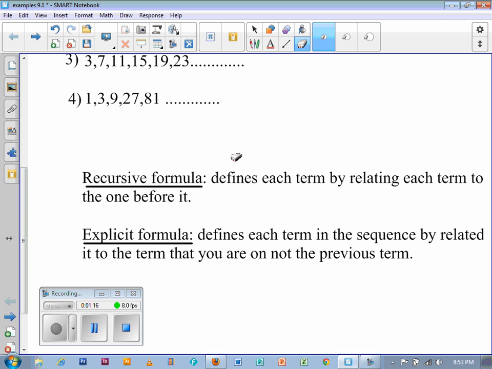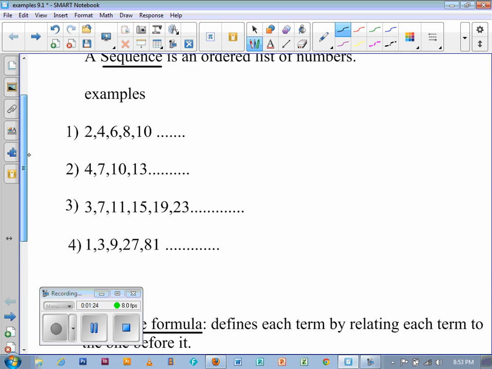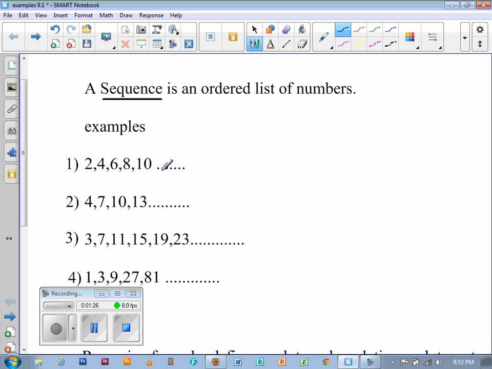Now, a recursive formula, as it says here, defines each term by relating each term to the one before it. That simply means that if I want to find out what the next term is in my sequence, like the next term in this first sequence, I have to identify the pattern. What am I adding to the previous terms to get that? And of course, we're adding 2 each time.